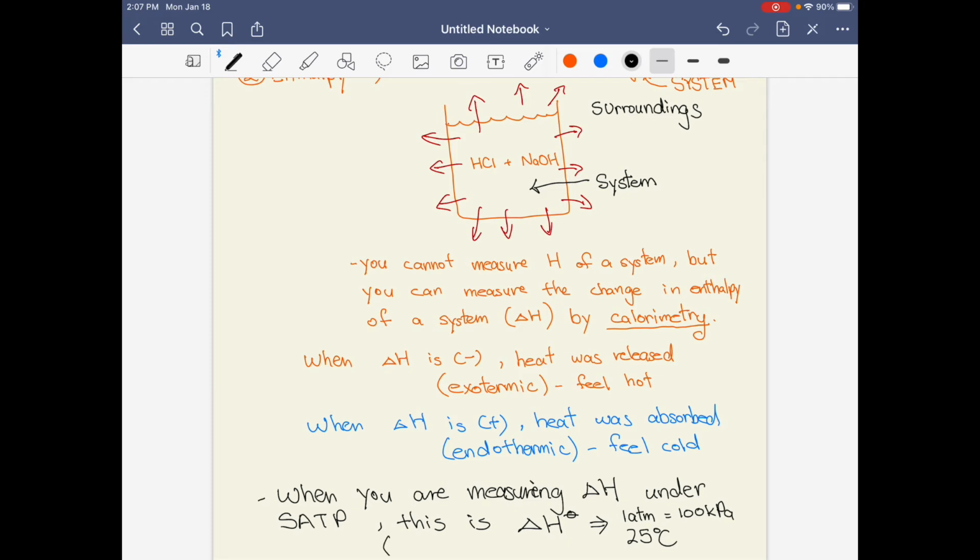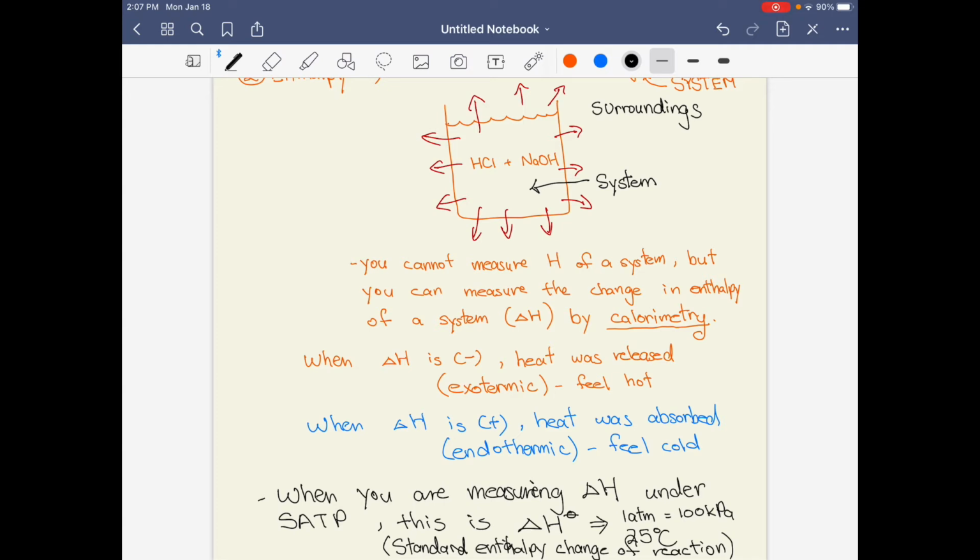The whole idea here, of course, is that this is known as the standard enthalpy change of reaction. Why is that important?